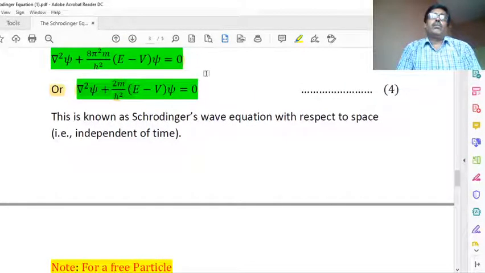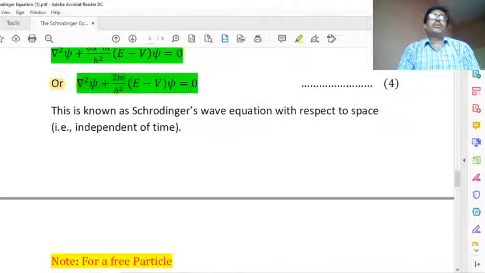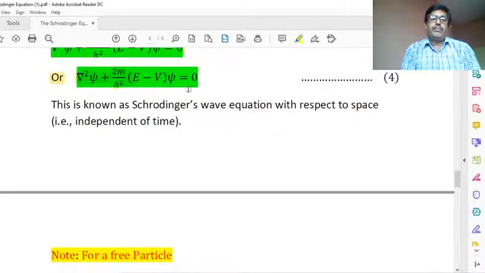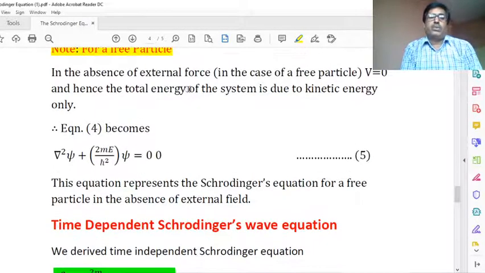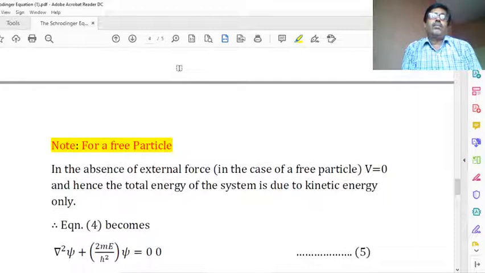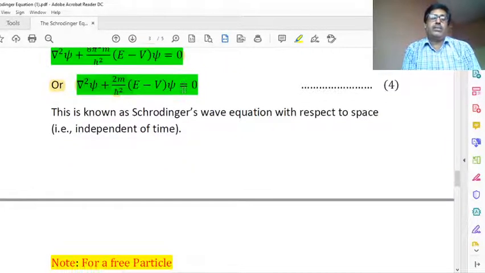Now we may reduce this equation for a free particle. Free particle means there is no external force acting on the particle, and if there is no external force on a particle, then potential energy will be zero. So here this V will be zero, and the rest is del 2 psi plus 2m by h cross square E psi is equal to 0.